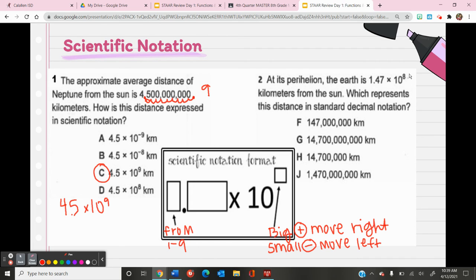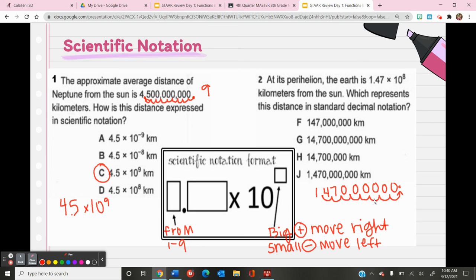Since my exponent here is a positive 8, this is telling me to move my decimal place 8 to the right. So starting off with 1.47, I'm physically going to move this 8 times to the right. So this goes 1, 2, 3, 4, 5, 6, 7, 8. And here's where my new decimal place goes. And in the place of all these blanks, you're going to get placeholders of 0.